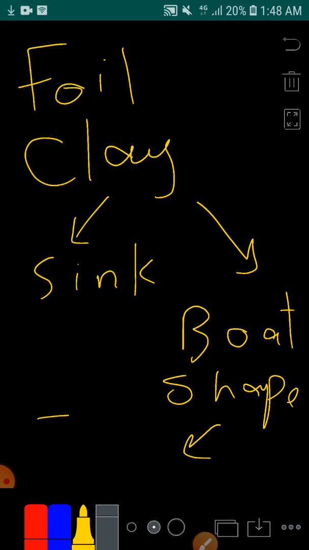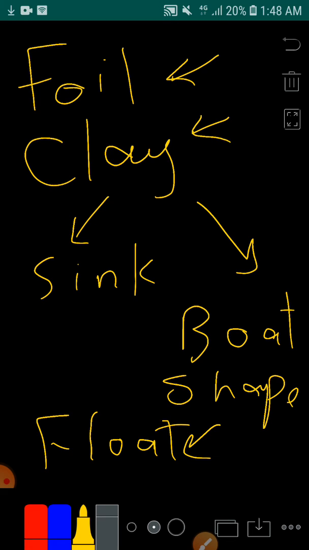They will float. When they have a boat shape, foil and clay will float. They sink in the water, but when we have a boat shape, they will float.